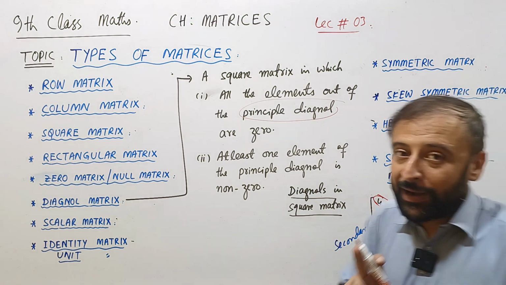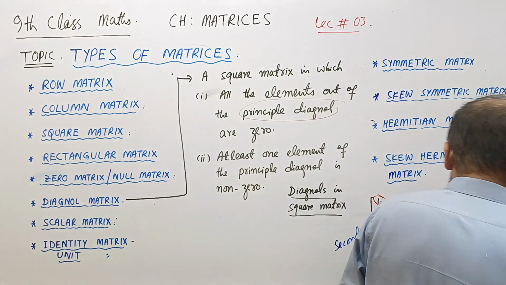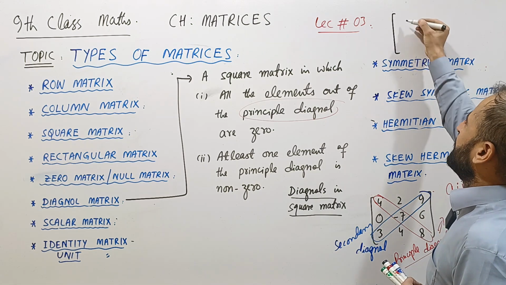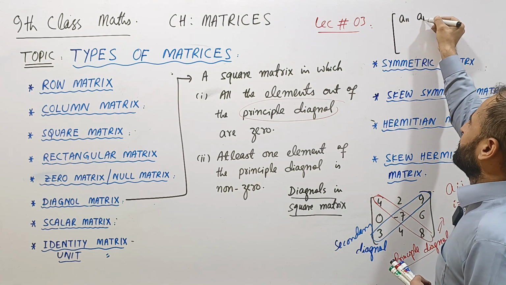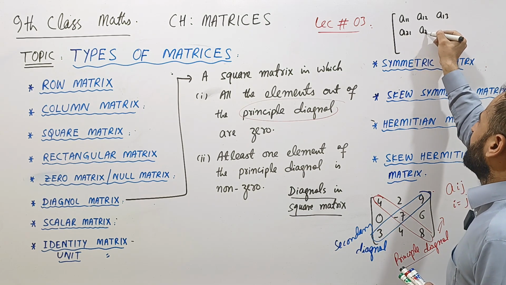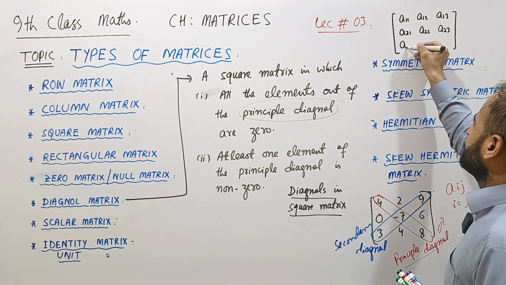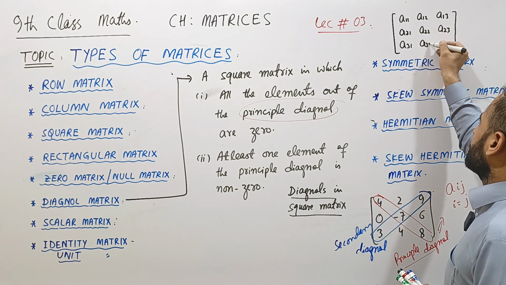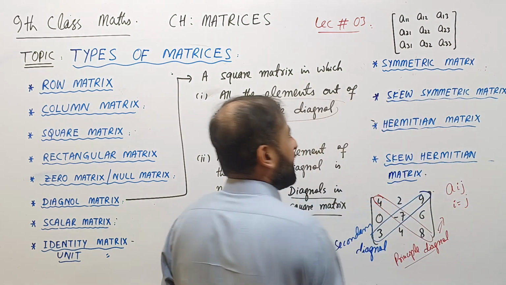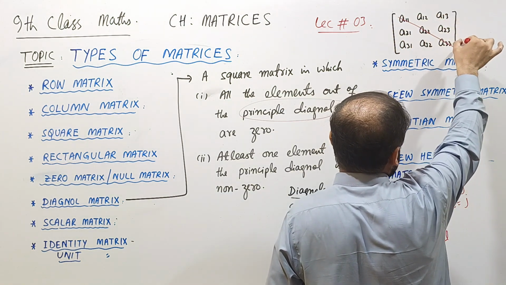So in a diagonal matrix, the elements will have the same I and J. For example, if I write a 3 by 3 matrix, generally A11, A12, A13, A21, A22, A23, A31, A32, A33.